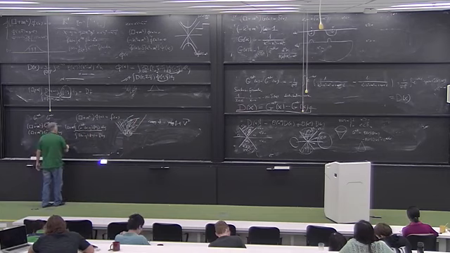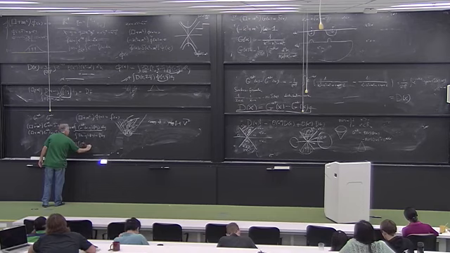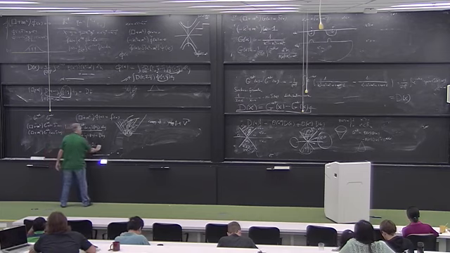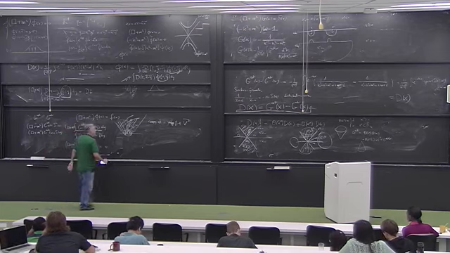If you do the other thing, if you solve again, but the advanced solution, I call this phi 2. This is, of course, 0 for the same reason, but now phi 2 has support in the backward tube.